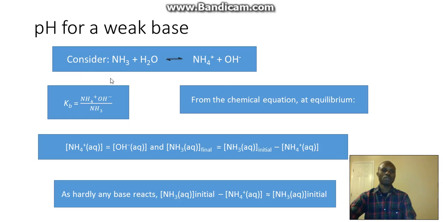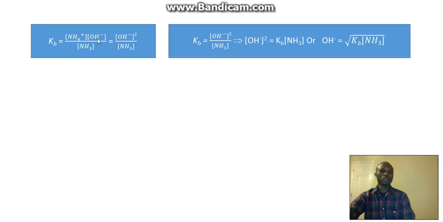So we say that Kb is equal to this from this equation, right? Kb is equal to ammonium times OH over this. But we say that the concentration of this is equal to the concentration of this, so both of them should be given as x. We can just take either this one or this one.